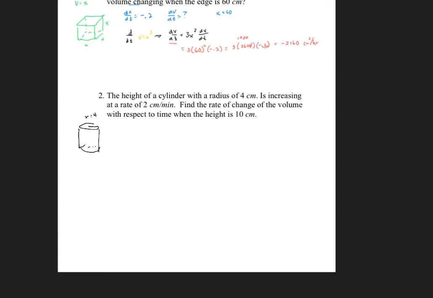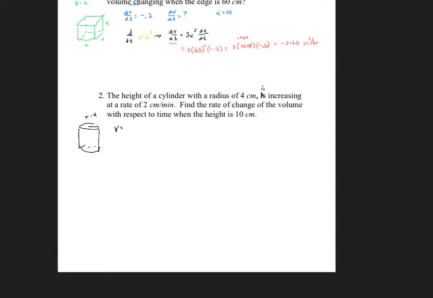The radius is increasing. So that wasn't supposed to be a capital I there. The height is increasing at a rate of 2 centimeters per minute. Find the rate of change of the volume with respect to time when the height is 10 centimeters.